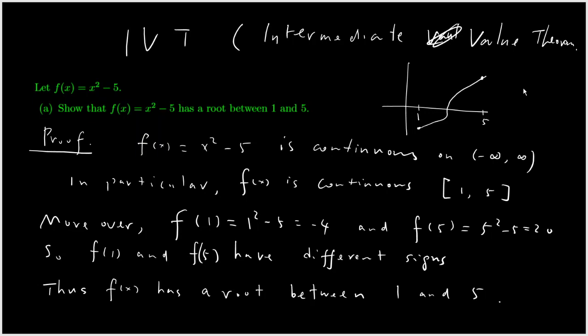What is the meaning of the conclusion? The conclusion means the function has a root in between 1 and 5. So maybe my sketch is not too perfect. So can I try again? The graph could be something like this, right? In any case, you see the curve and the horizontal line must have a point of intersection.